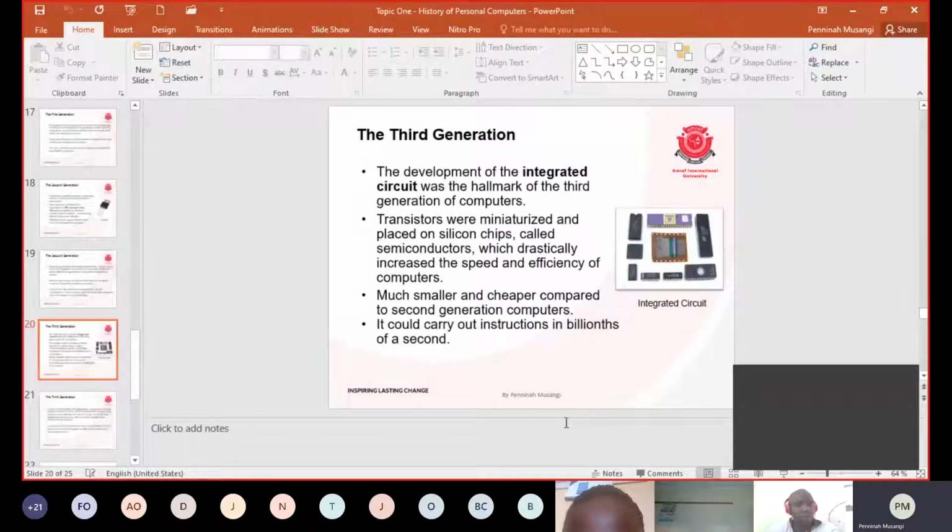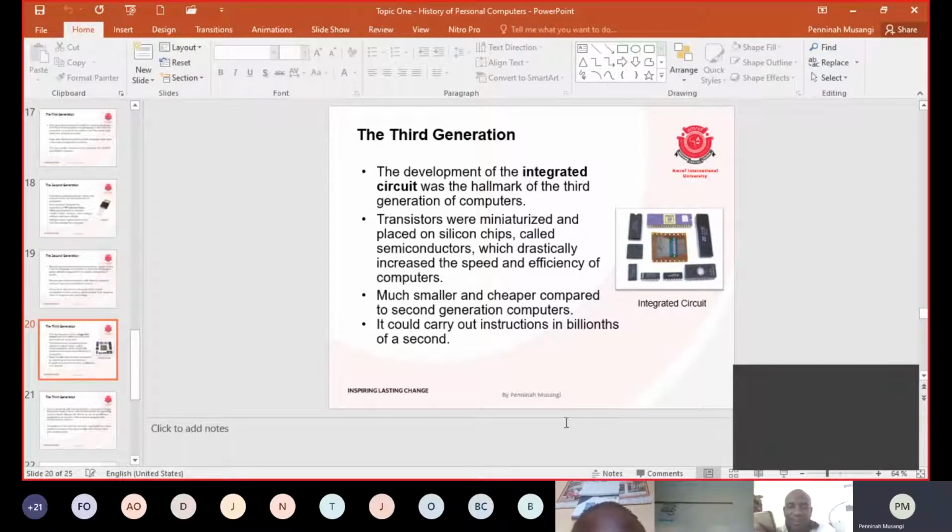Now moving on to the third generation, and in the third generation, there was a development of integrated circuits. And we say the integrated circuit is the hallmark, what defines third generation computers. Integrated circuits were basically transistors, which were used in the second generation.